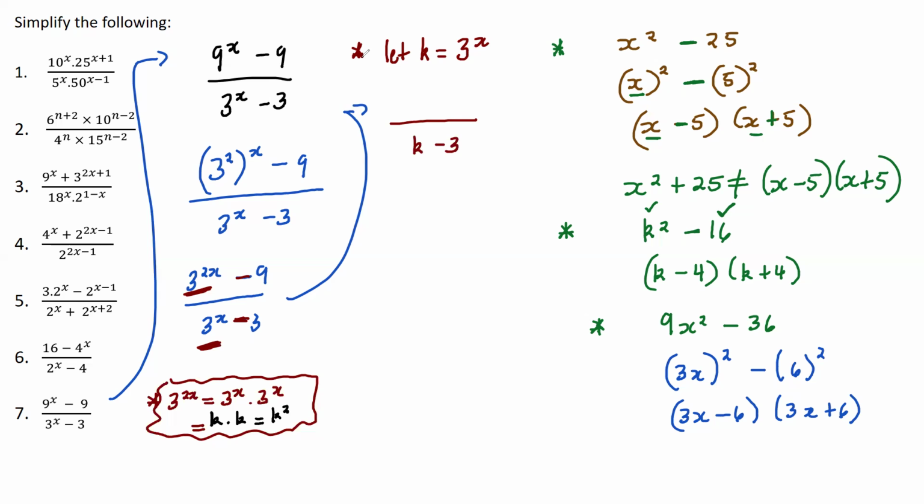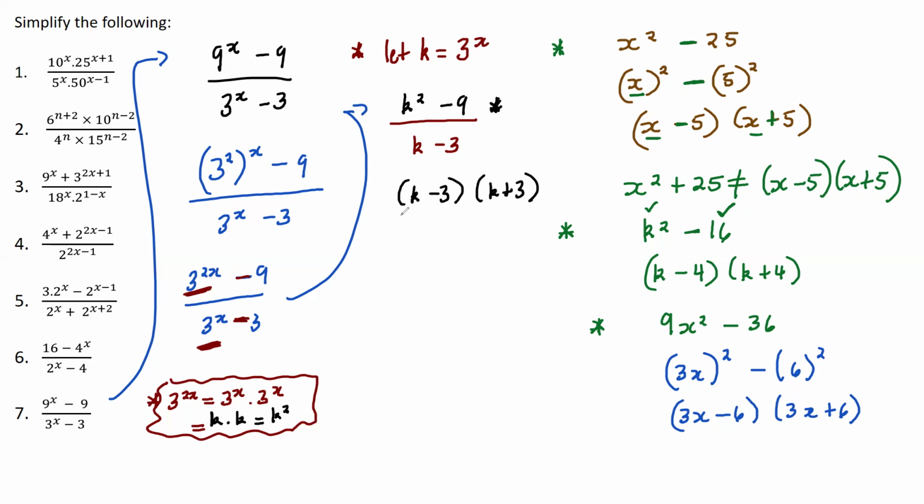Which is k squared. So at the end of the day, I'll have this as k squared, and this 3 to the power 2x minus 9, difference of 2 squares right here, becomes k minus 3, k plus 3.